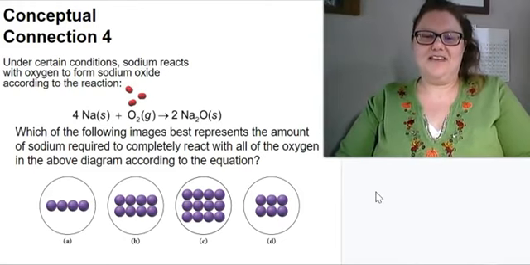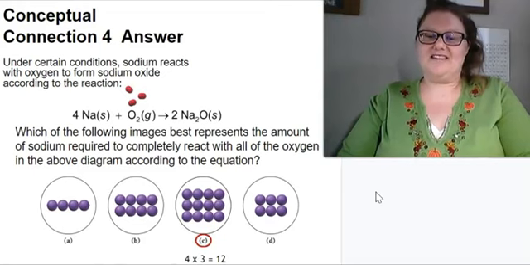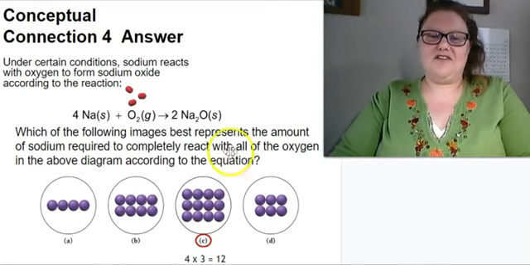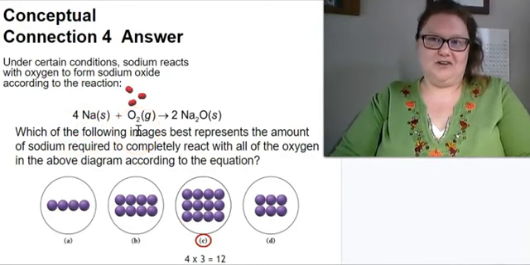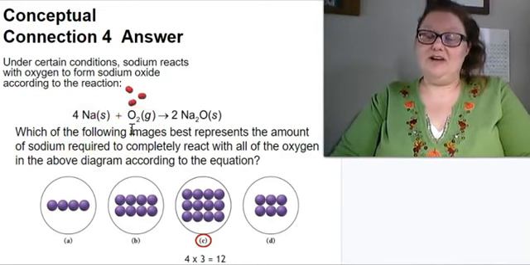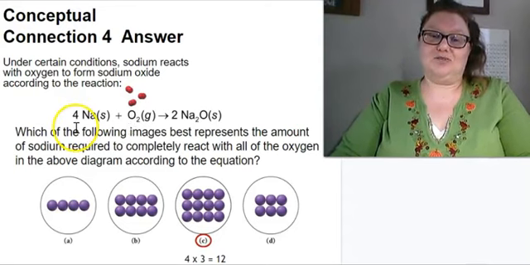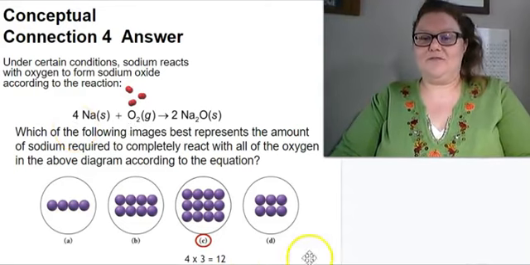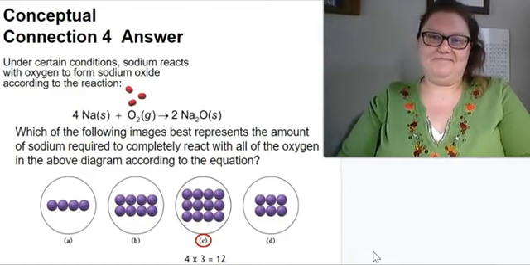Okay, so the answer for this equation would be C. Because sodium already has a coefficient of 4, that's for every 1 molecule of oxygen. If I have 3 molecules of oxygen, I'd have to multiply my sodium by 3, and 4 times 3 is 12.